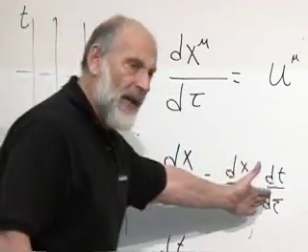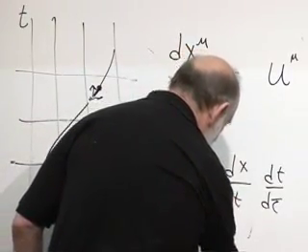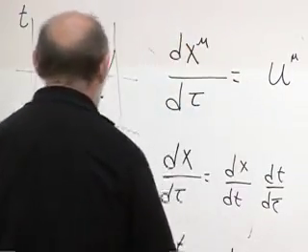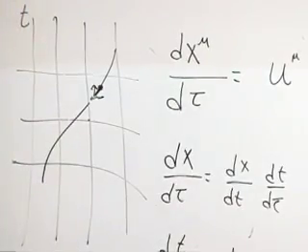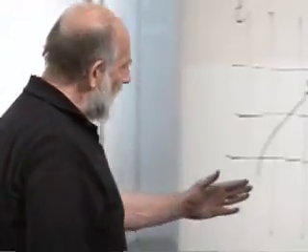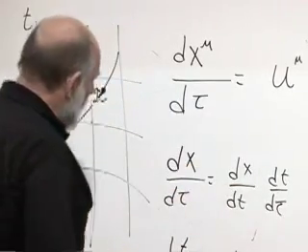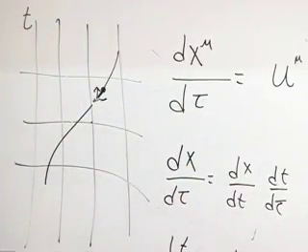So if I knew what dt by d tau was, I would know how to go back and forth between the old-fashioned kind of velocity, dx by dt, and this new kind of relativistic velocity, u. Okay. Let's figure out what dt by d tau is. It's not very difficult.